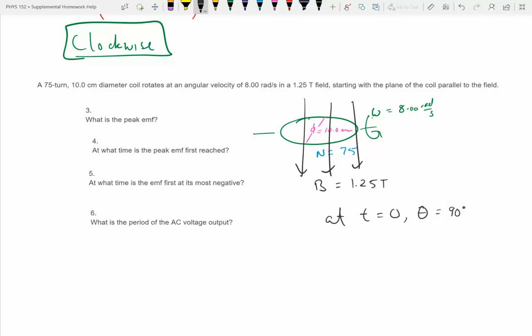What about... Do we have time? Well, we are going to use theta is equal to theta initial plus omega t.